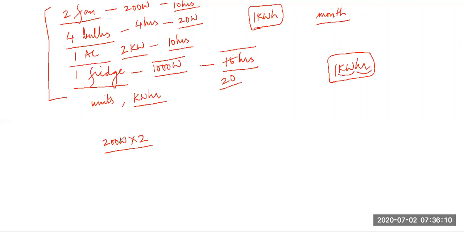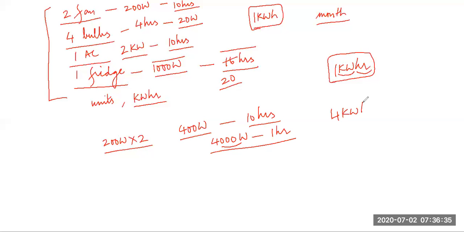Now it's like 200 watt into 2, that means 400 watt is being used for 10 hours. It's like saying 4,000 watt is being used for 1 hour. It's the same. Or if I convert this into kilowatt, I can say 4 kilowatt hour. So 4 units. Two fans will consume 4 units in a day.